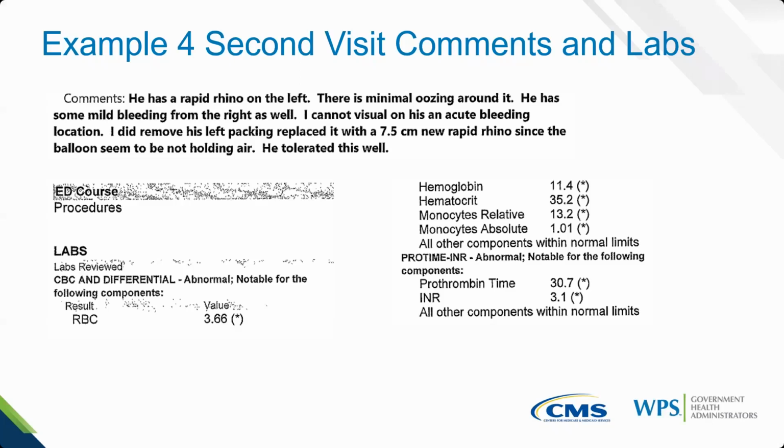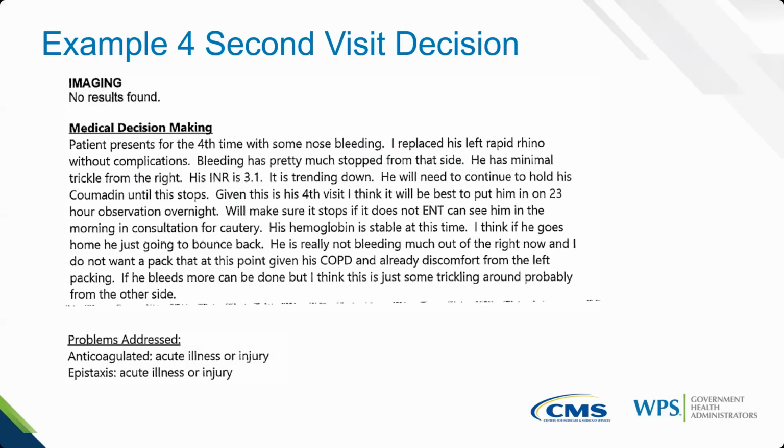We could make an assumption that this is a new test for this particular patient. So again, we have no imaging that was done for this patient. Documentation does show that his INR is trending down. They have given them instructions about continuing to hold the Coumadin until the bleeding stops.